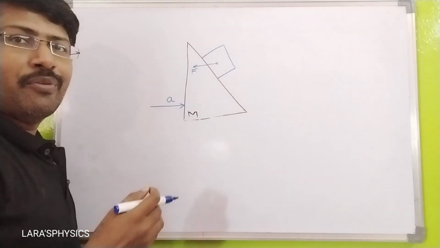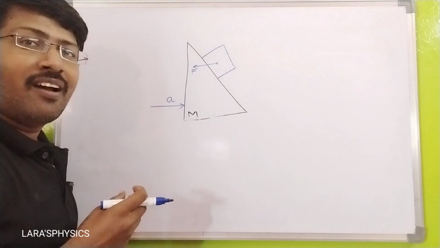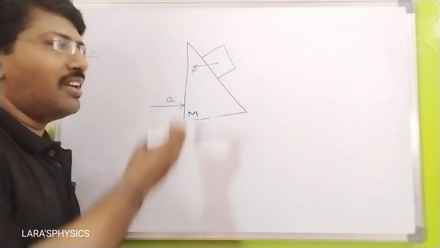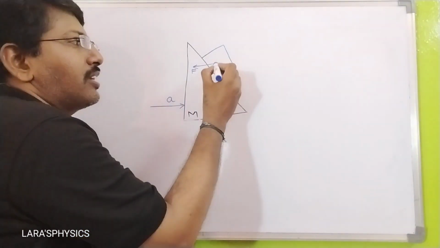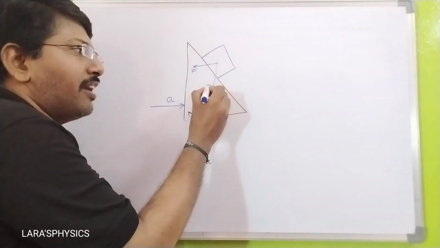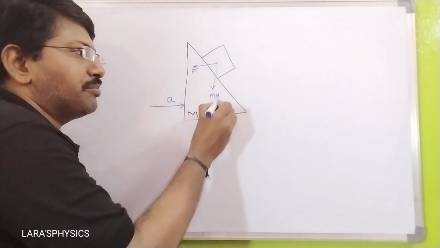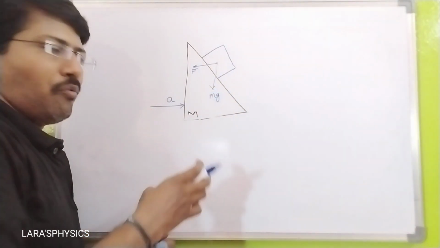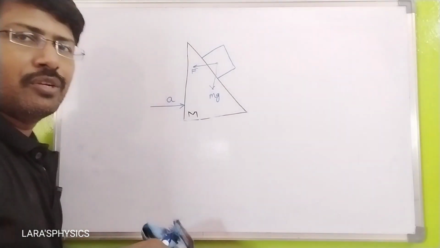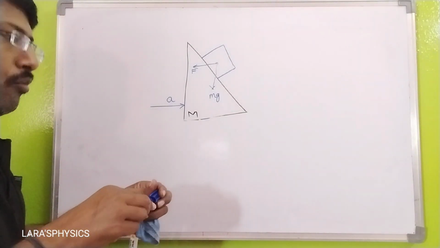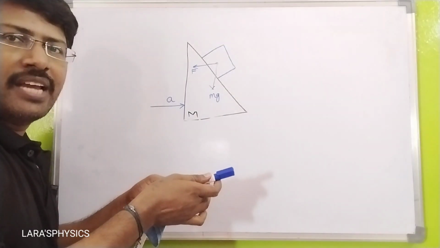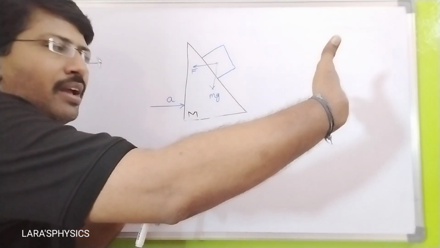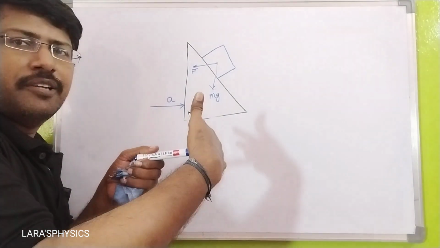Now our earth says, I am also acting on this body, I want to pull it in the downward direction. Okay, no problem. Carry on your work. mg. When I push like this, at the same time that small block also creates some action-reaction pairs.